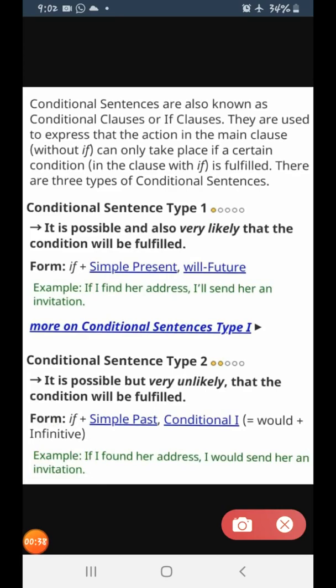Okay, now see here. Definition. Conditional sentences are also known as conditional clauses or if clauses.